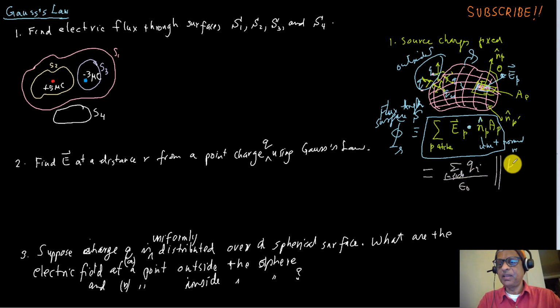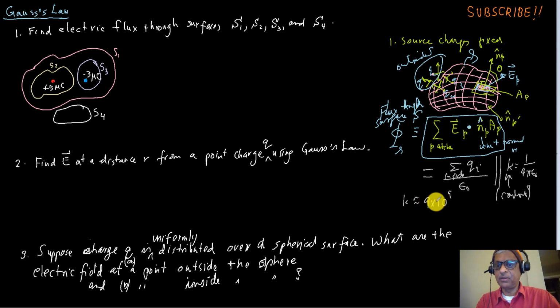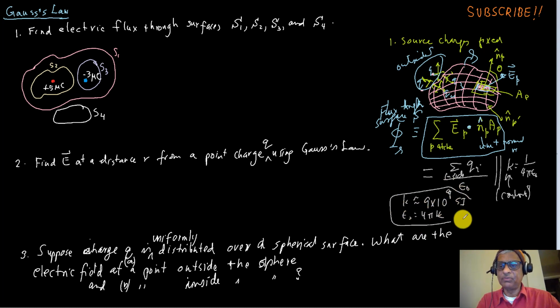You may remember K equals 1 over 4 pi epsilon naught, that constant that went into the Coulomb force, right? And this epsilon naught is the permittivity of the vacuum. K is 9 times 10 to the power 9, so epsilon naught is 1 over 4 pi K, and it's easy to remember K in terms of values.